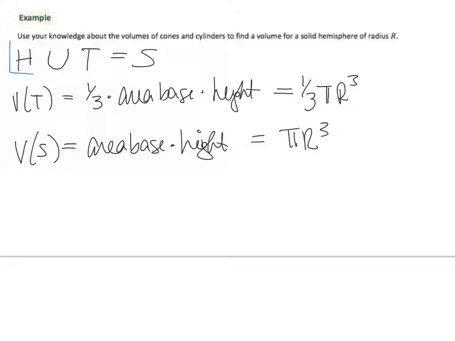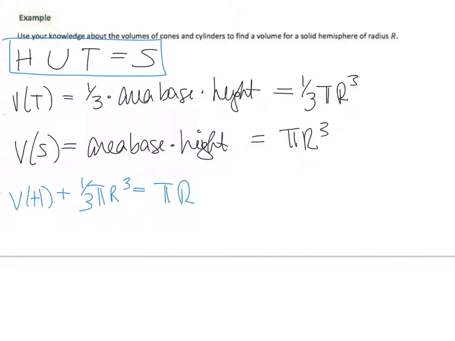So using this right here, let's set up an equation. We know that the volume of H plus 1/3 pi r cubed equals pi r cubed, right? So I can subtract this from each side.